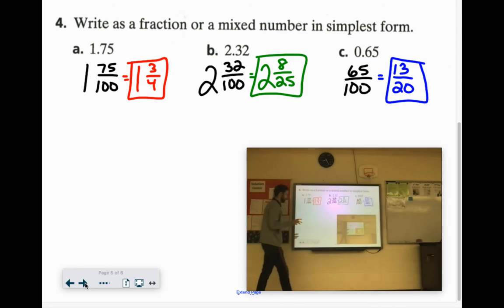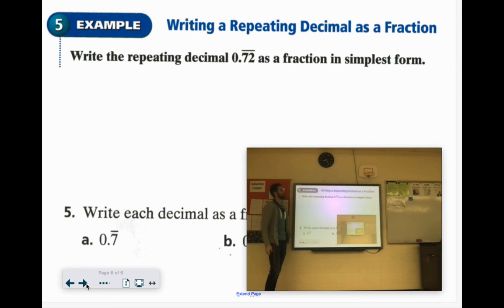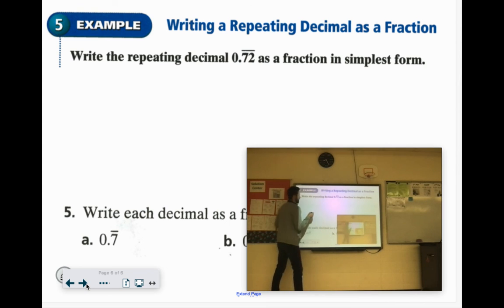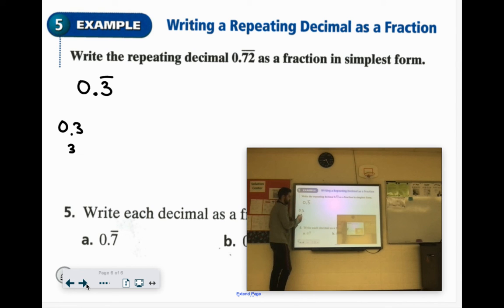There's one more kind of problem you have to do, and it's converting those repeating decimals into fractions. So there's a very formal way to do these problems, very formal. But let me give you a little hint. If you have 0.3 repeating, so usually if it was just 0.3, you'd make that 3 over 10 because it's in the tenths column.